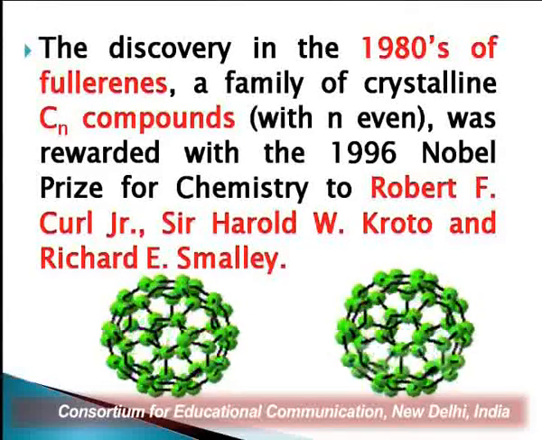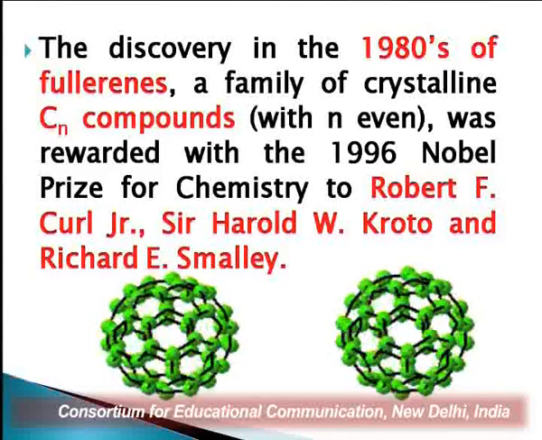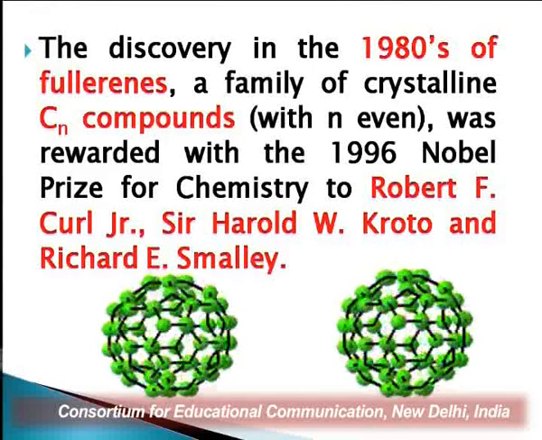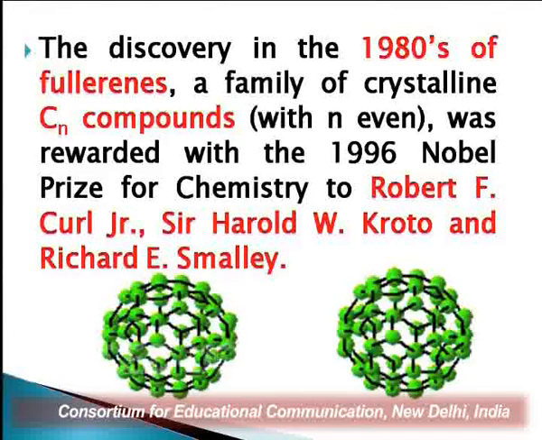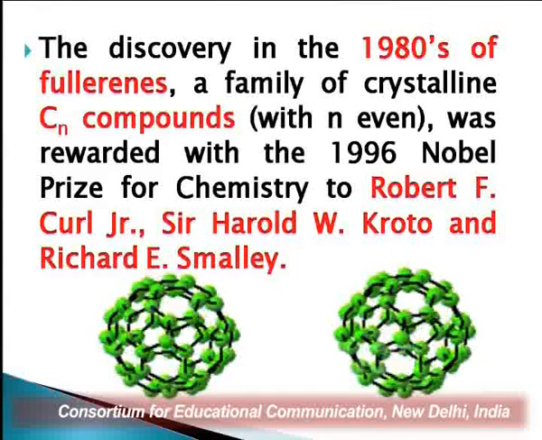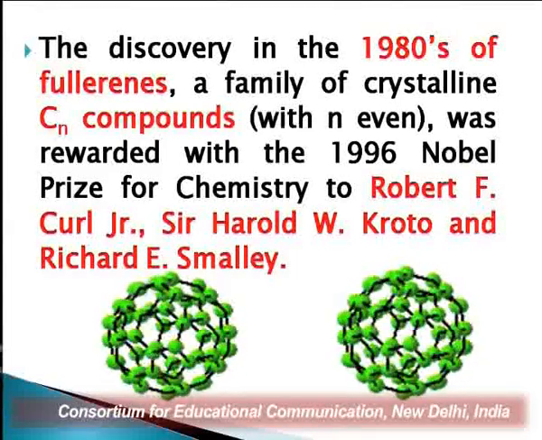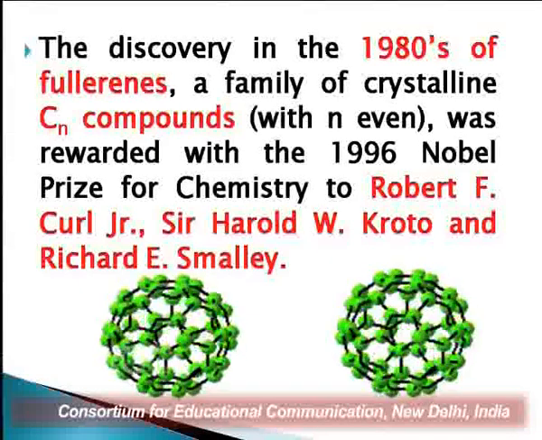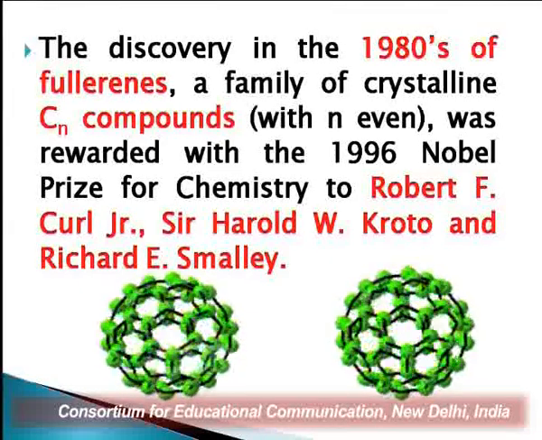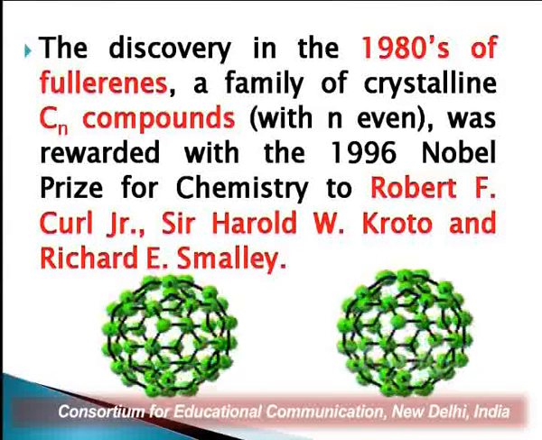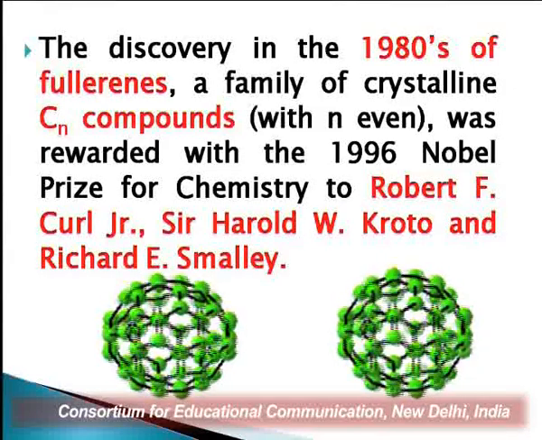It starts from C20 to C540. It means in the family of fullerene there are molecules from C20 to C540 and all are in even form. So this fullerene is a very prominent molecule in the family of carbon.